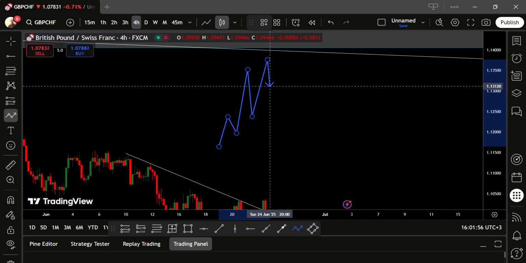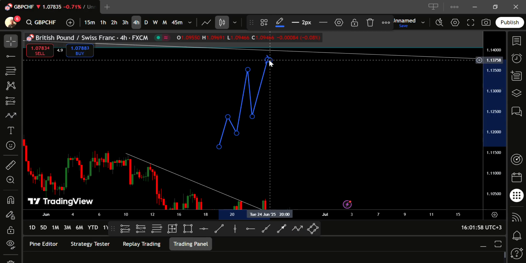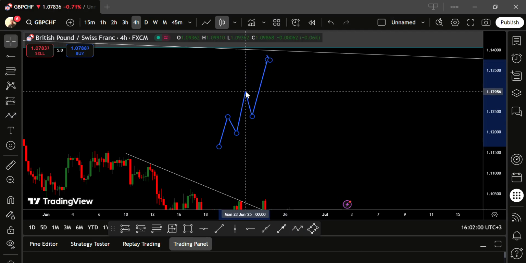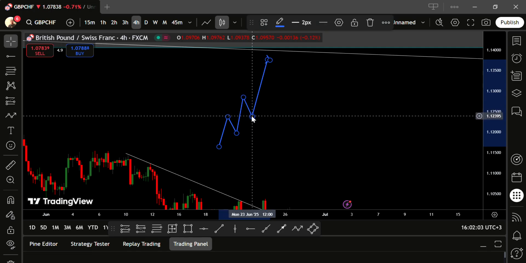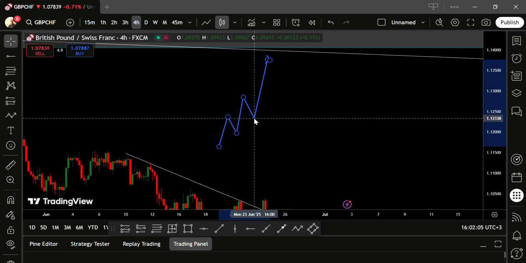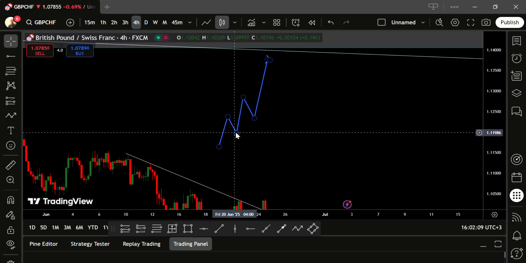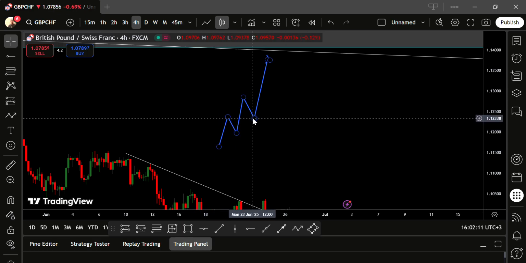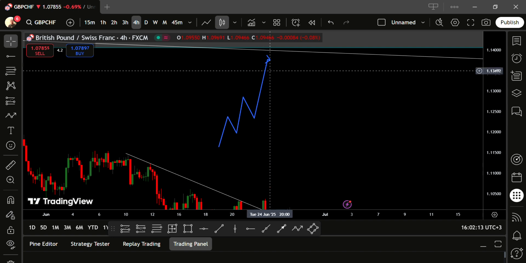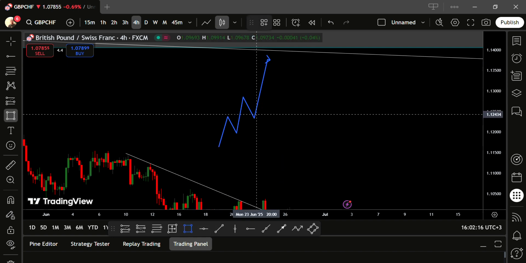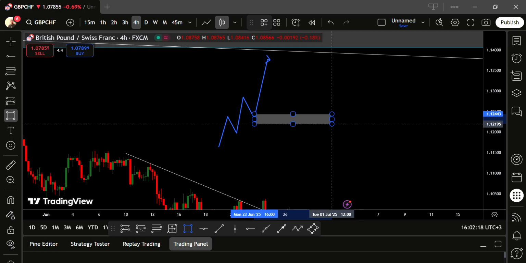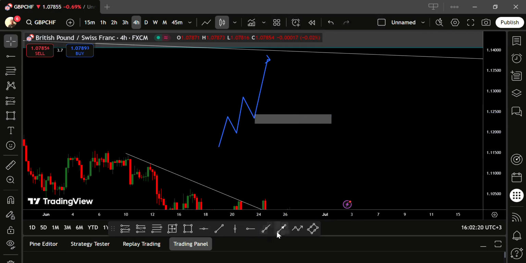So price will go up, find a resistance, come down, break the resistance, use it as support, and then go back up. So you want to see a demand zone around this area.